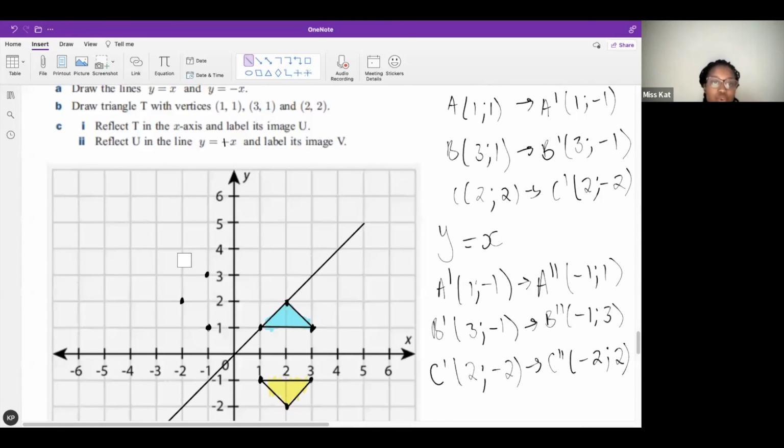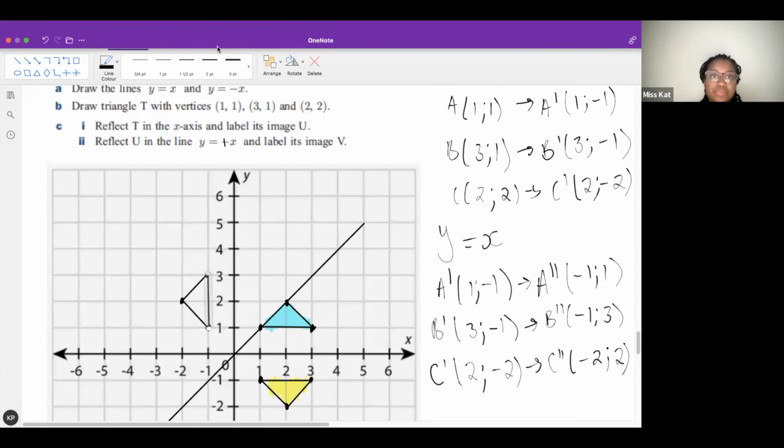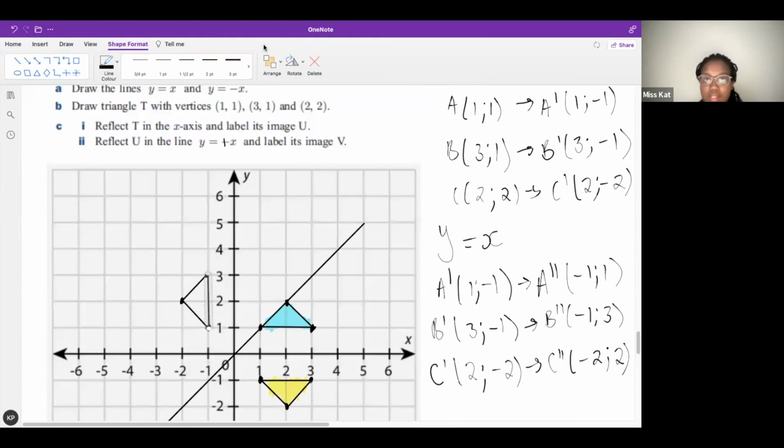Okay, as I draw my final triangle, thumbs up, thumbs down. How are we doing with reflection? We good with reflection? Let's see. Okay, I see some thumbs up.